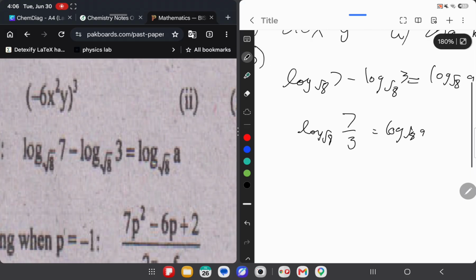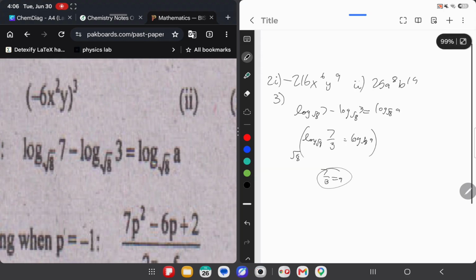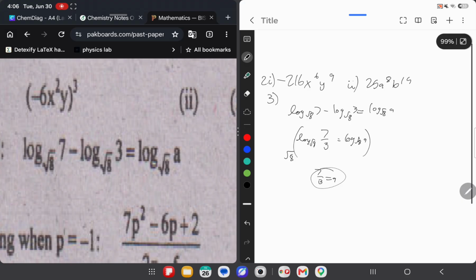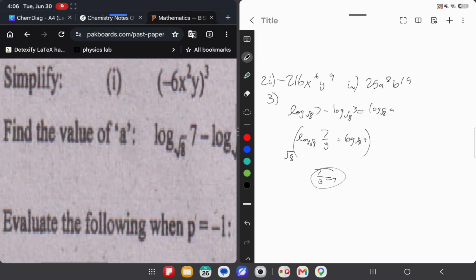I don't think you need to show working, right? No. I still will, don't worry. We exponentiate both sides by the root of 8 and hence we solve for A.